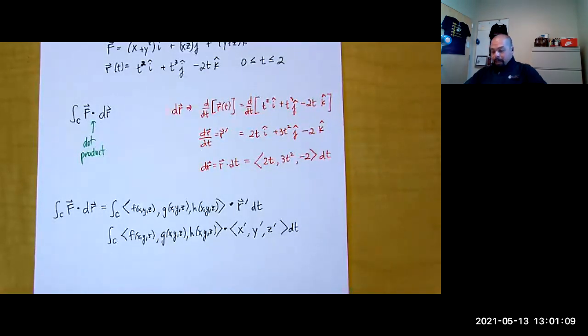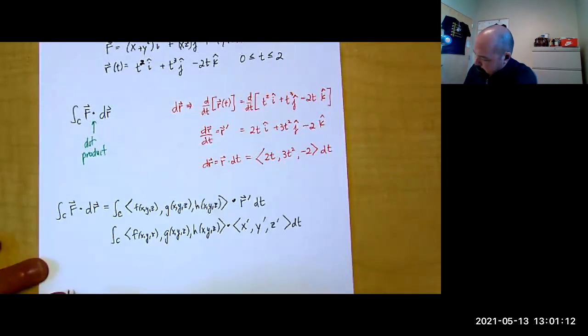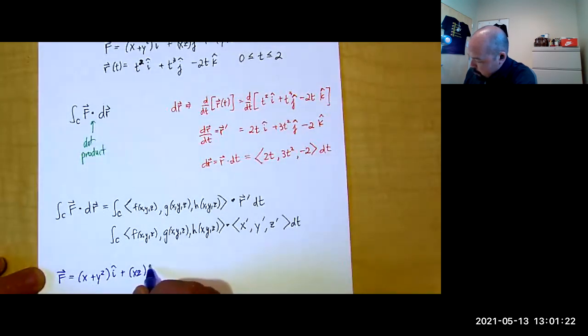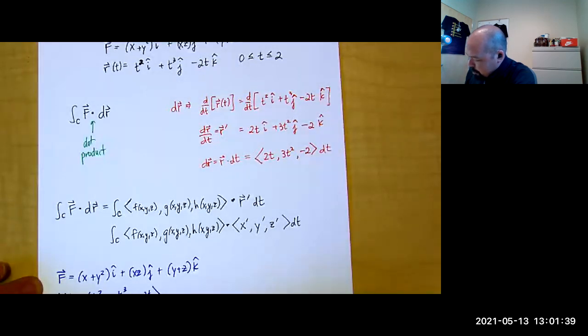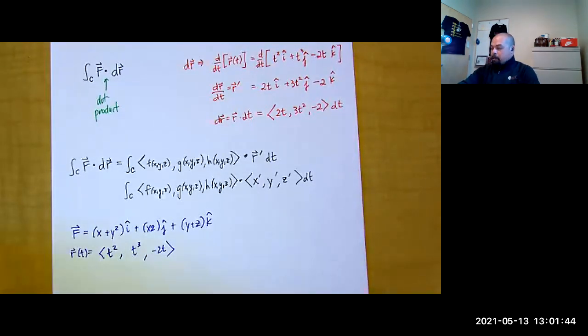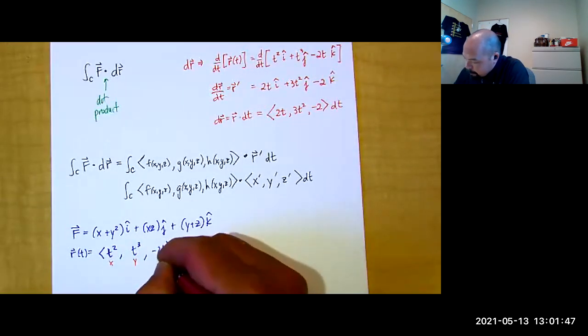So with that in mind, let's check out what that vector field F looks like. It was (x plus y squared) i plus xz j plus (y plus z) k. r of t was t squared, t cubed, negative 2t for the k. So exactly, this is our x, y, and z.